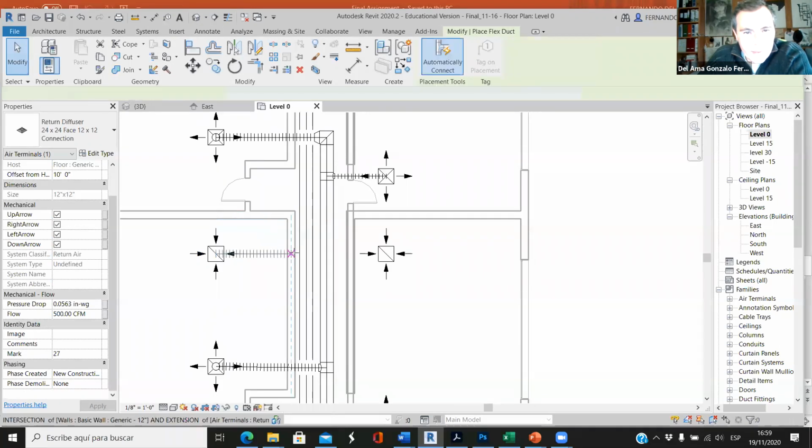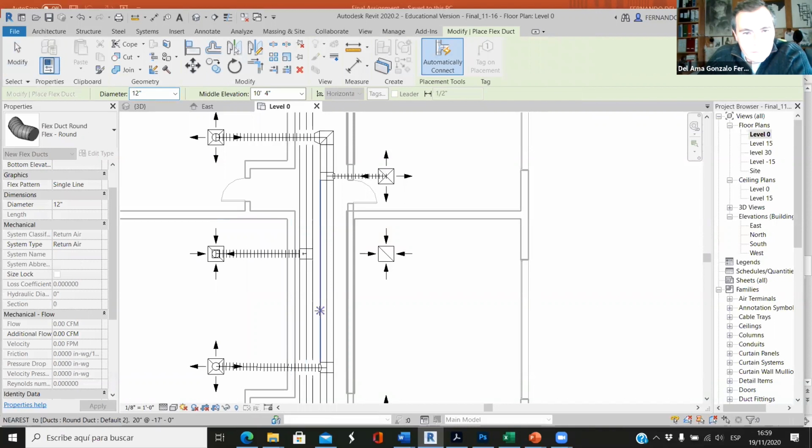We can draw a flex duct first here, and another flex duct here.